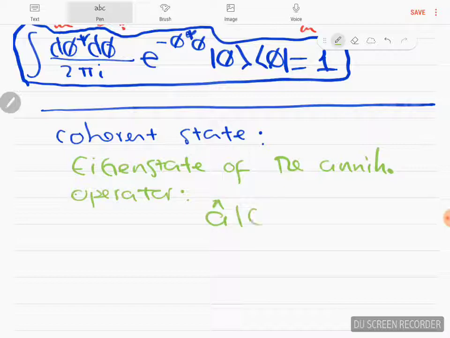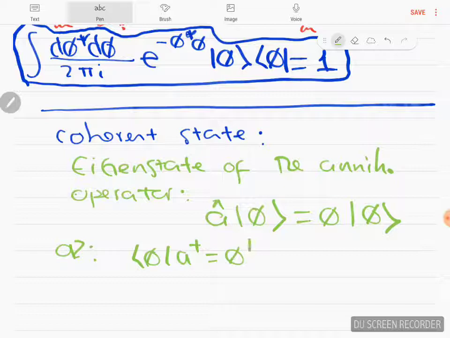So it goes like this, or like this. This is an important relation.